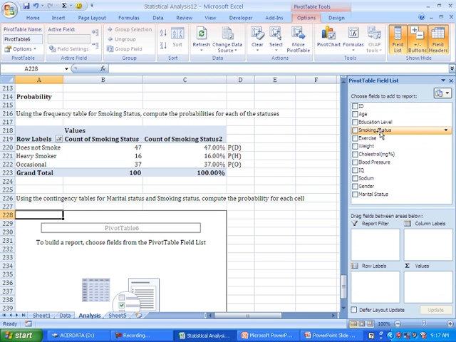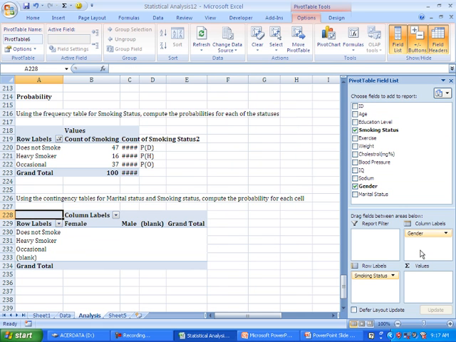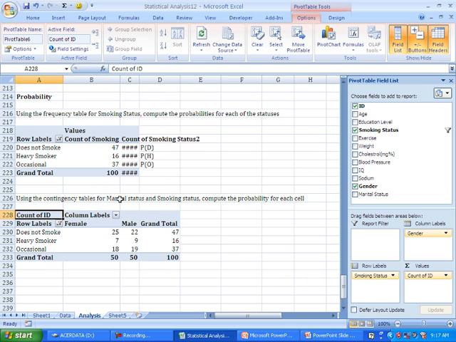So I'll pull the smoking status again here, but the gender I'll pull here, and either the smoking status, gender or even an ID, I can pull onto the values. Because I don't need blanks in both the row and the column, I'll remove the blanks, right? And this is the distribution.